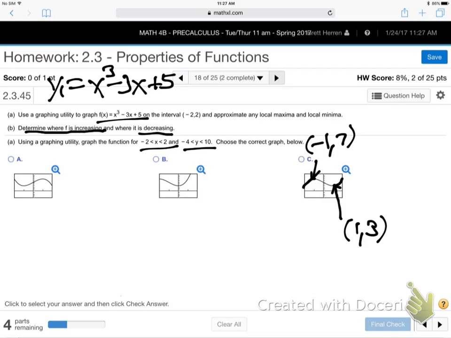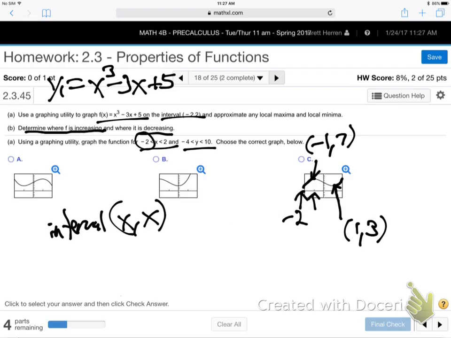And then, by the way, they want intervals in all this. Remember what intervals mean? X with X. They want X's with X's. So what is the X value here? What is the X value here? It's from -2, because the window started at -2, to -1. So it's increasing from -2 to -1, and from what?